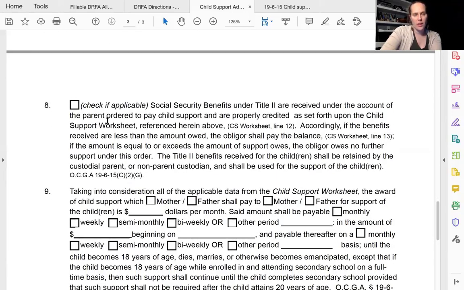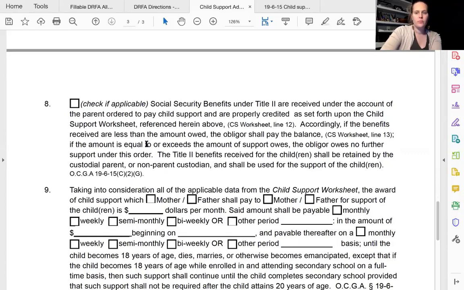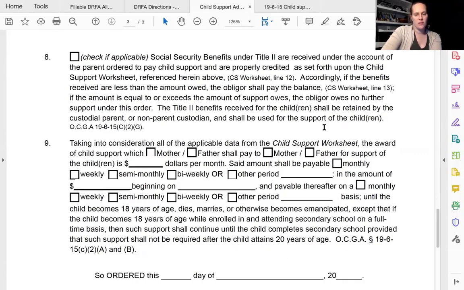If there were Social Security benefits, we would check that. And then you say, taking into consideration everything above, father shall pay to mother child support of the children, $902 per month. And then you are going to decide, or the court will decide. Generally, they pick monthly.